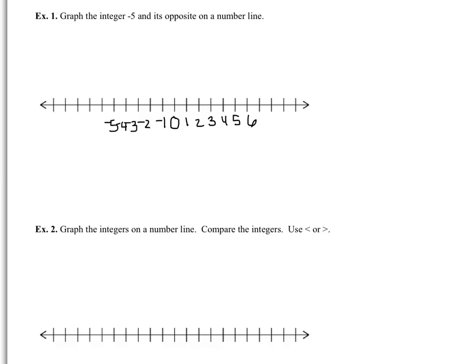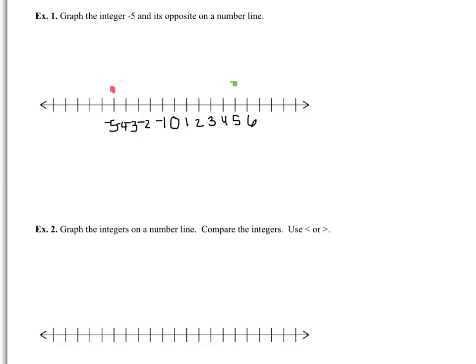I'm trying as hard as I can. -5 would be 1, 2, 3, 4, 5 spaces to the left of 0, and its opposite would be 5 spaces to the right, or +5.